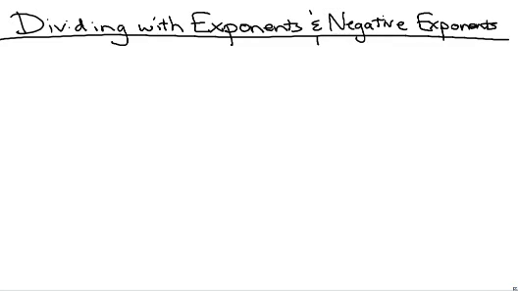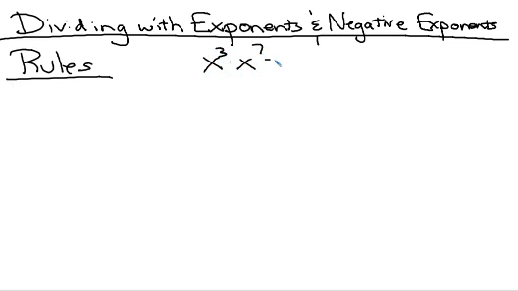We're going to be working with how to divide expressions that have exponents in them, and we're also going to work with negative exponents. So let's start with a couple rules which should make sense to you because we've been multiplying them, and when we multiply, for example, x to the third times x to the seventh, we learned that is x to the 10th.